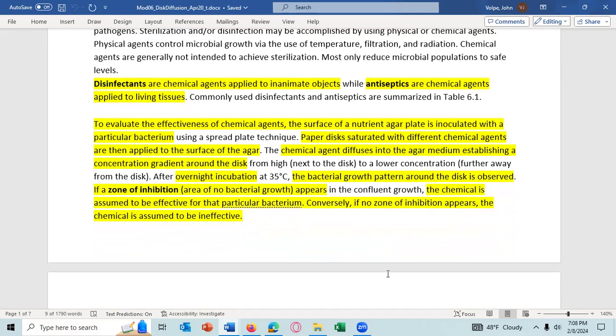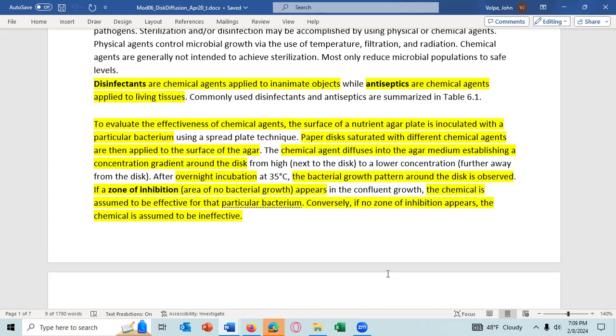Conversely, if there's no zone of inhibition around the disc, then you can assume that the chemical is ineffective against that particular bacteria. Now, that does not mean that the bacteria is resistant or sensitive. This is just talking about the effectiveness.